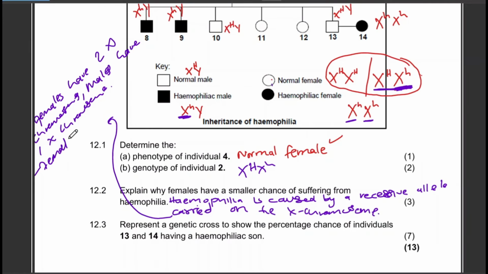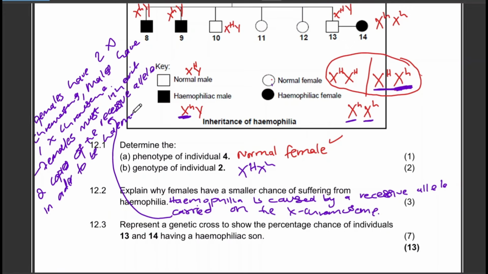Females, remember we're talking about females. Females must inherit 2 copies of the recessive allele in order to be hemophilic.